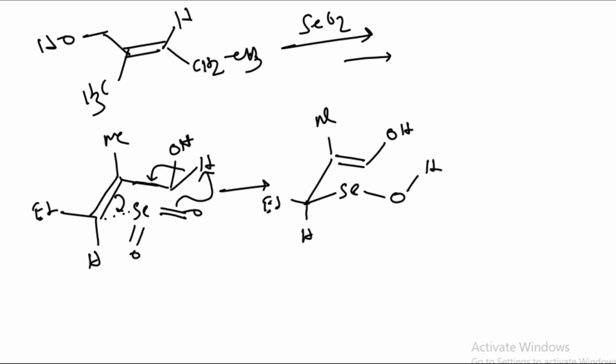So this is occurred. Now like the previous, this H plus actually cleaves, so this O minus actually attacks here. Oh sorry, actually there is an O, no, attacks here. So again the double bond comes here, this goes here.